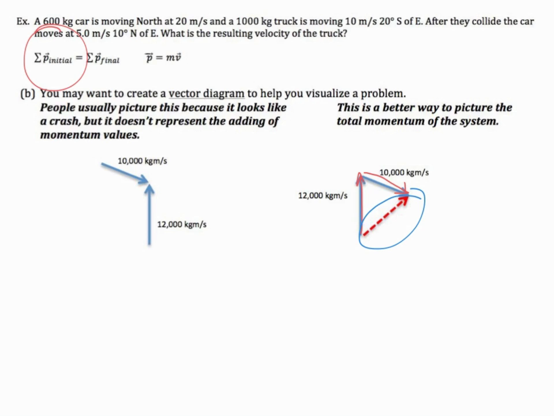That's the total momentum of the system, and that would have to equal the momentum afterwards of the car, the 3,000 kilogram meters per second, that's 10 degrees north of east, plus something, and that something is what we're going to try to figure out so that we can find the velocity of the truck.